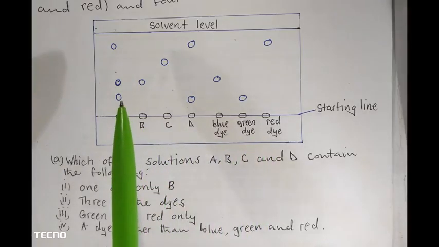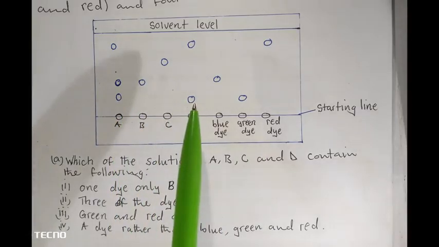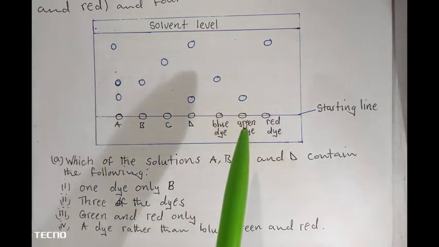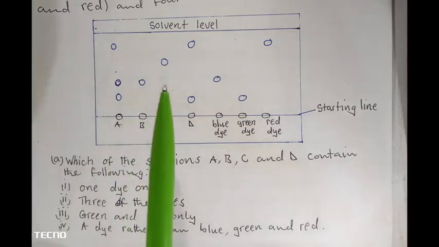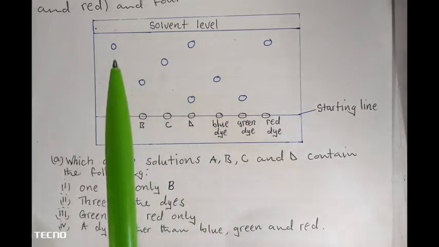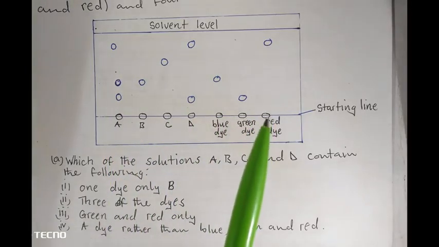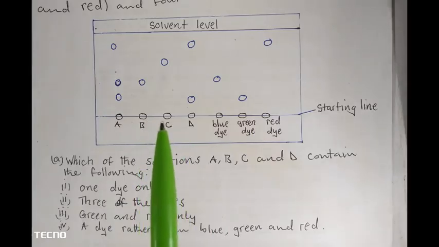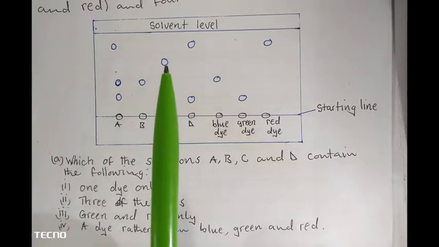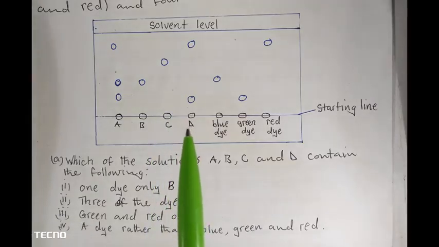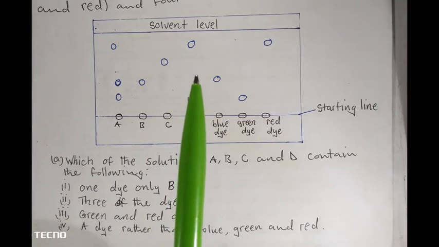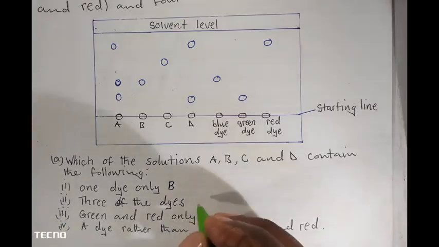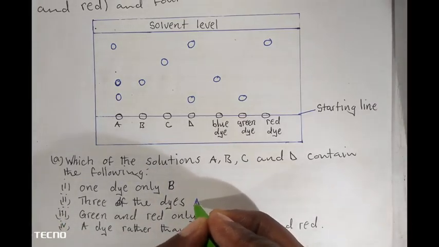The first one, A, has green in it, then it also has blue, then it also has red. And this one, C, is pure, then D has only 2. So it's A. Here our answer is A.